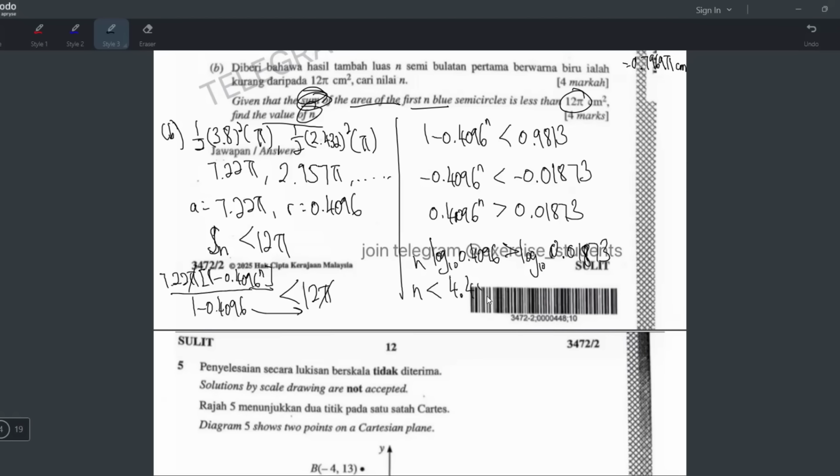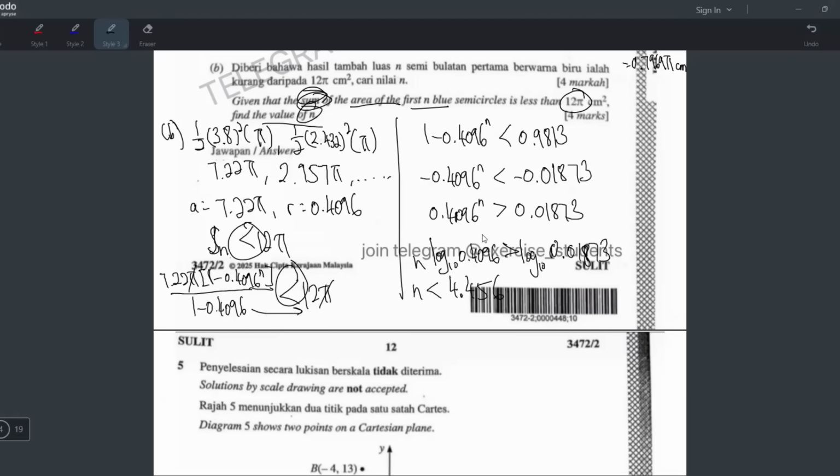Let me explain why it becomes smaller again. Just now you start with smaller, but it became bigger because you divided by a negative. Then it becomes smaller again because here you divide by a negative again, and when you divide by a negative, the symbol has to flip. How do you know this is negative?